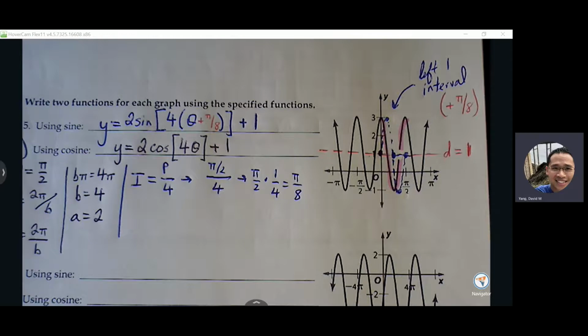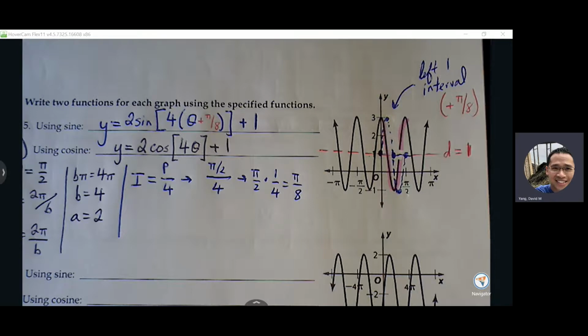So I know that it's going to rise back to the center, back to the minimum, and then back up to the origin, right? It's got to complete its full cycle in the same time frame that the cosine does. And because I know that my period for my sine is pi over 2, I can also figure out what my interval is. My interval is just pi over 4.